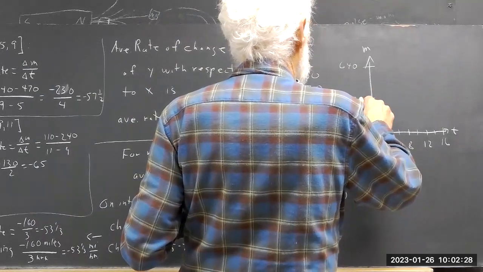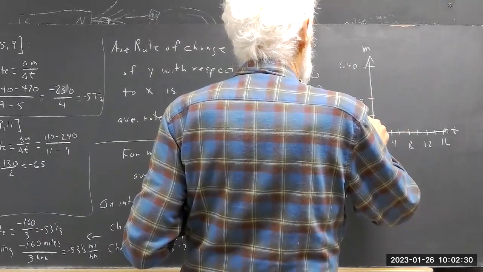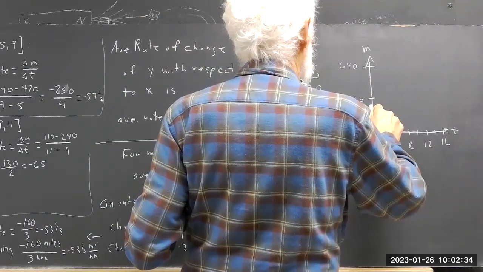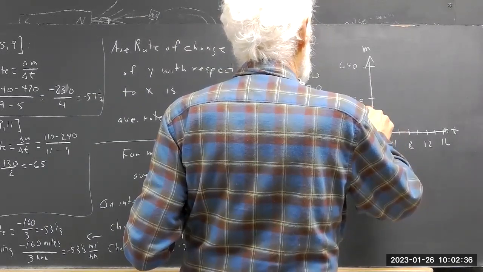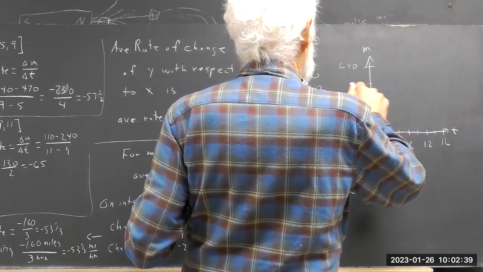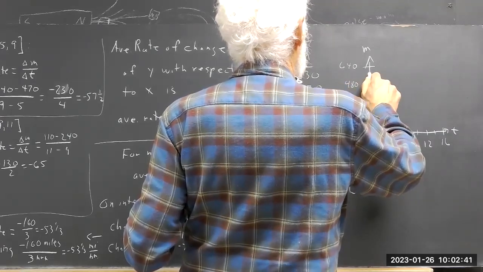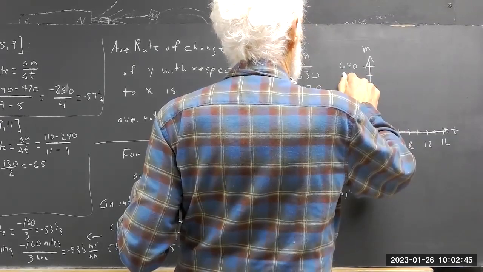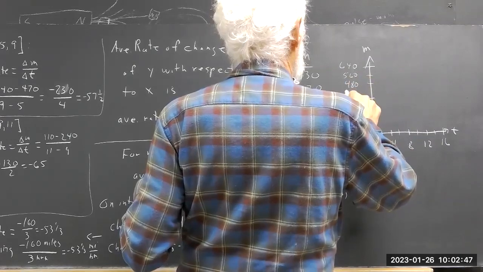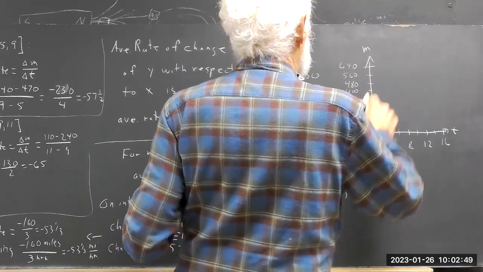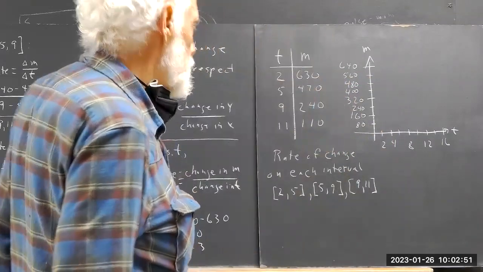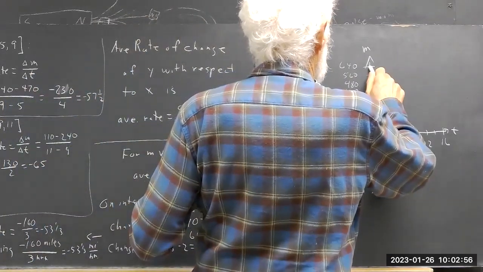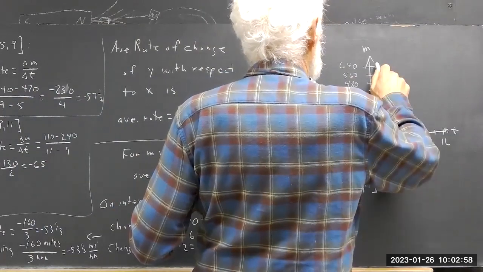We have 320 here, 160 here, 80 would be here, 240 would be here. And we come up here, we have 480. And we have 560, and we have 400 here. So here we've got a scaled graph, and we can plot these things. 630 to go here with 2.